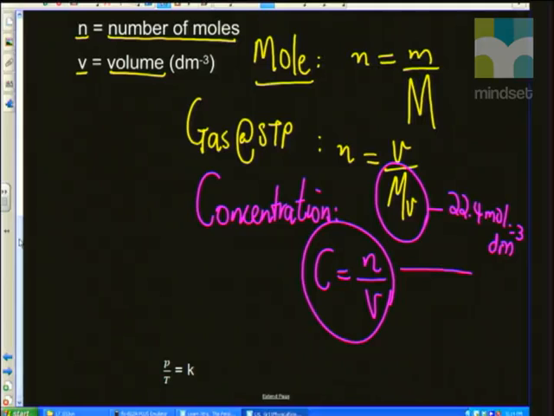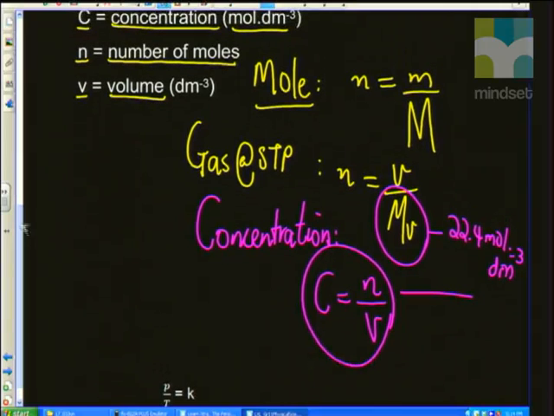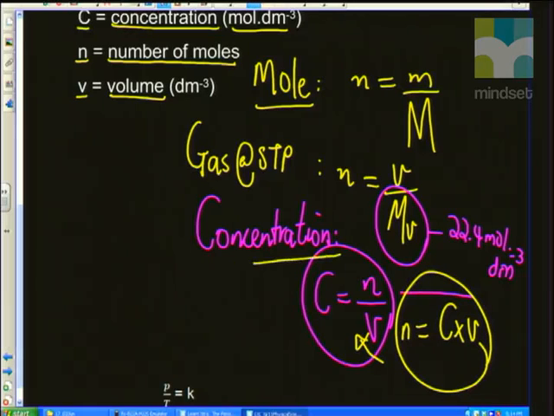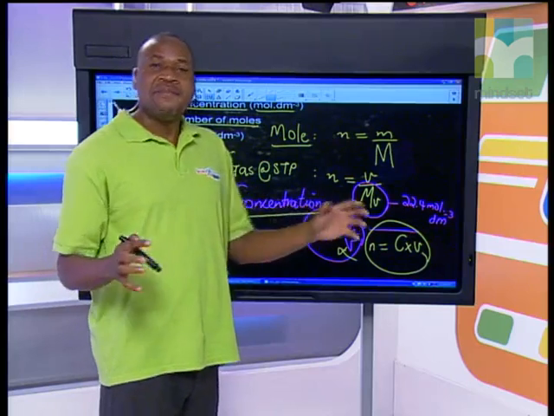But then if I were to talk about number of moles from this equation here, number of moles will be equal to concentration times the volume. This is when we're talking solutions. So all this becomes very important for you to note because they are related.